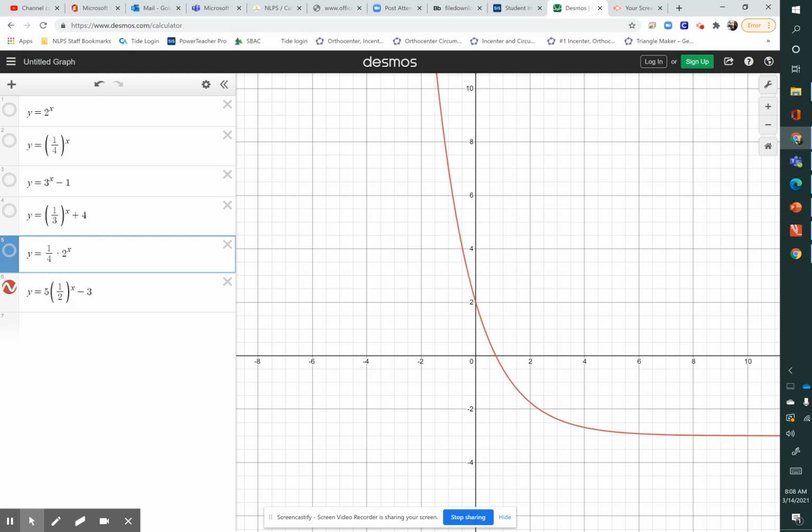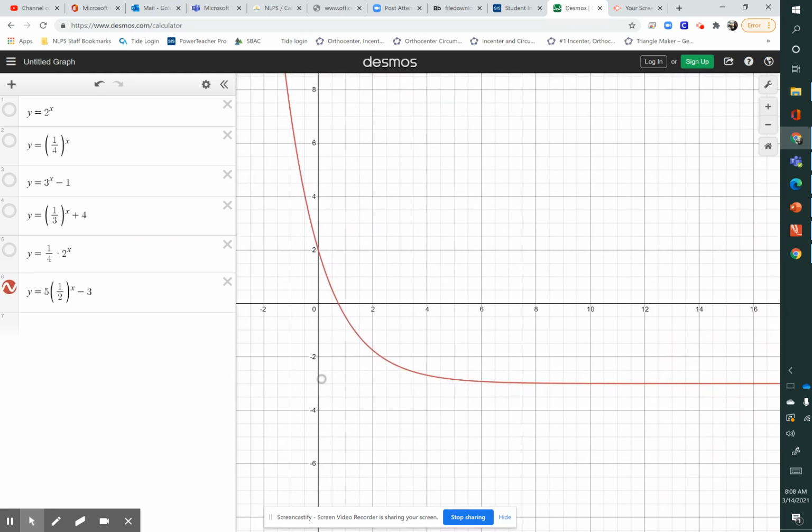And there it is. You can see it much better here than in our hand graph. But you can see clearly, well, first of all, that the y-intercept is 0, 2. But you can also see, as I move my stylus along this graph, that this graph is headed toward y equals -3, but it's never going to get there.